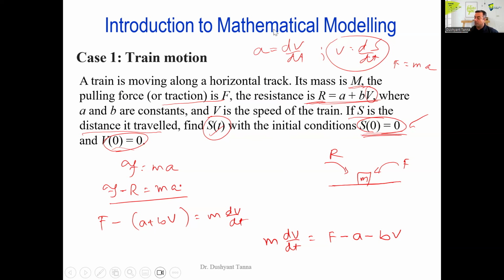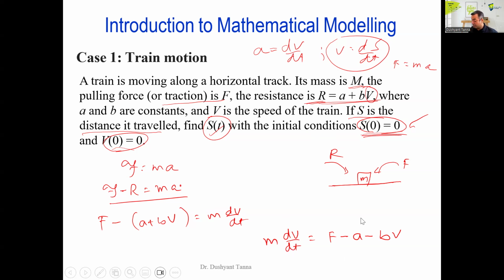The only assumed knowledge is a is dv by dt, the acceleration, and therefore v is equal to ds by dt, F is equal to ma, right? These are three very basic science concepts that you should remember. F is ma, so the actual force acting on the body, F minus R, is ma. Replace R with A plus B v, and then you keep on solving it.